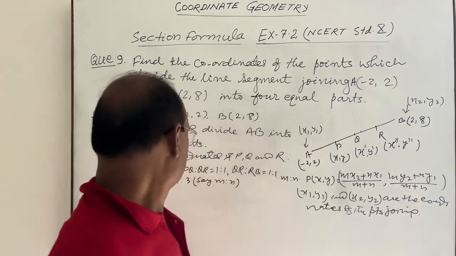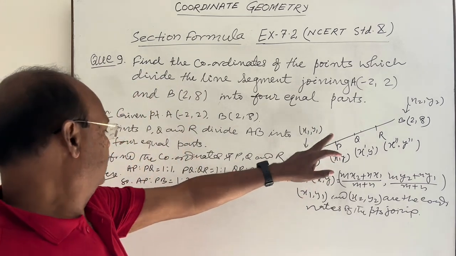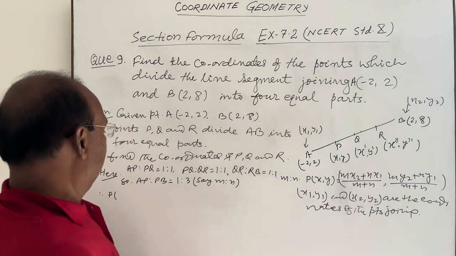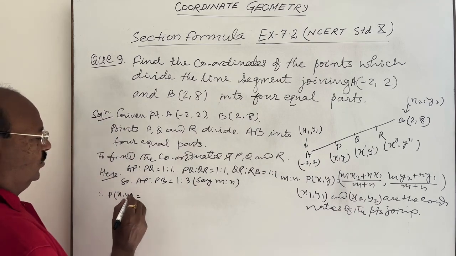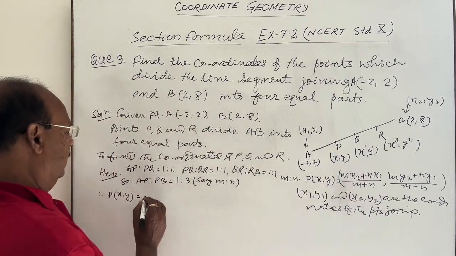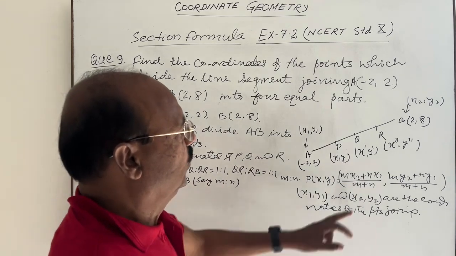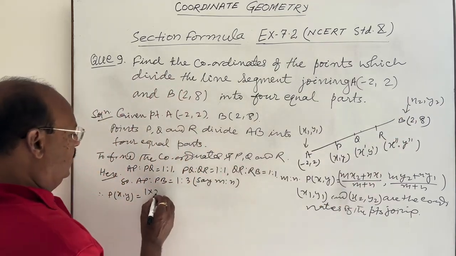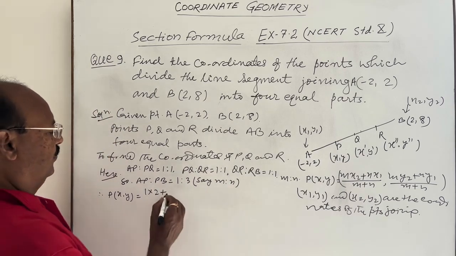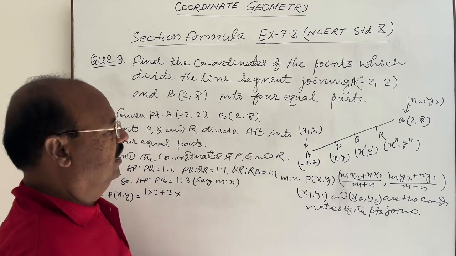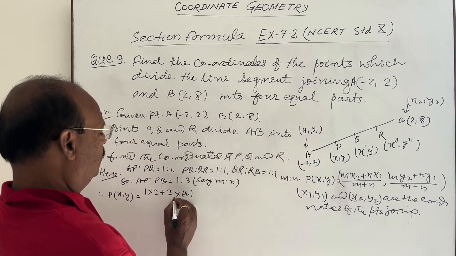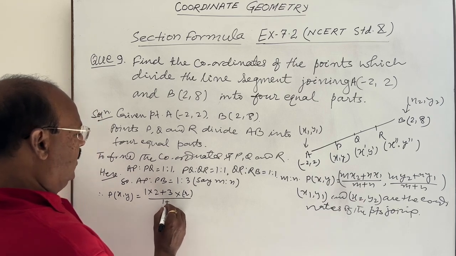So first of all, we will find the coordinates of point P. Therefore, coordinates of point P, (x, y), using this formula: m x2 plus n x1. m means 1, so 1 into x2. x2 is 2, so 1 into 2, plus n is 3 into x1. x1 is minus 2. Divided by m plus n, that is 1 plus 3.